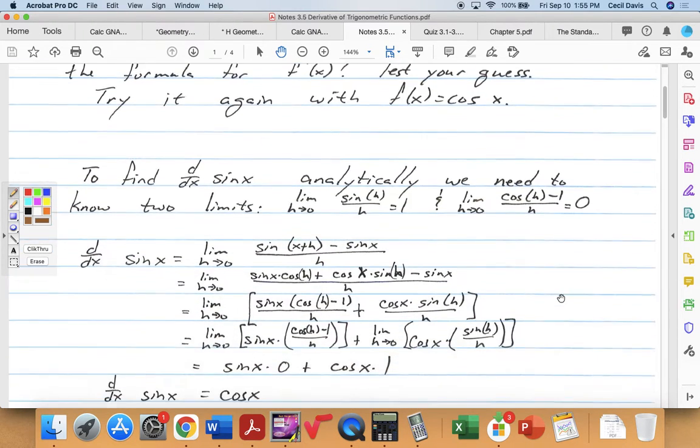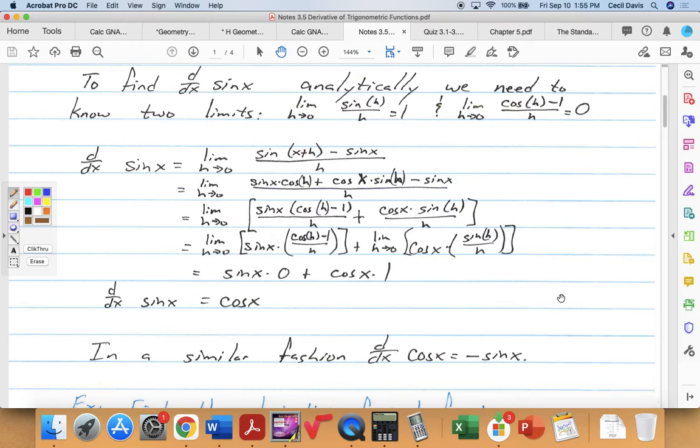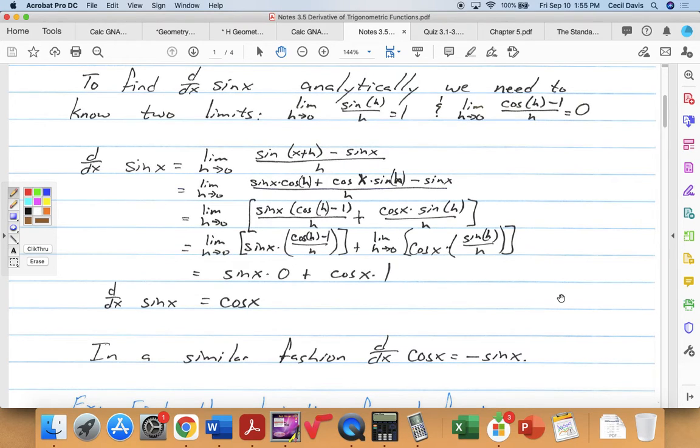All right, so here's how this thing works. By definition, the derivative with respect to x of sine of x is the limit as h goes to 0 of sine of x plus h minus sine of x over h. That's the basic derivative definition that we've been using over and over again.